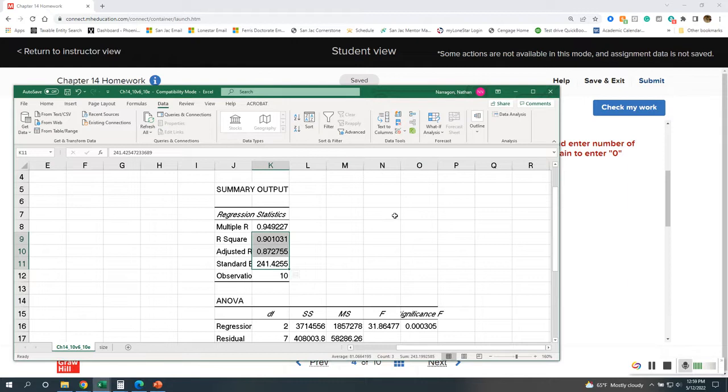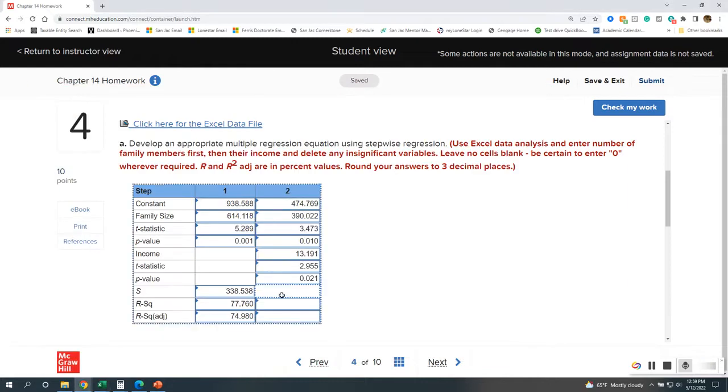Okay, standard error is 241.4255. R squared is percentage 90.103, and our R squared adjusted is 87.276. Okay, fun stuff going on.